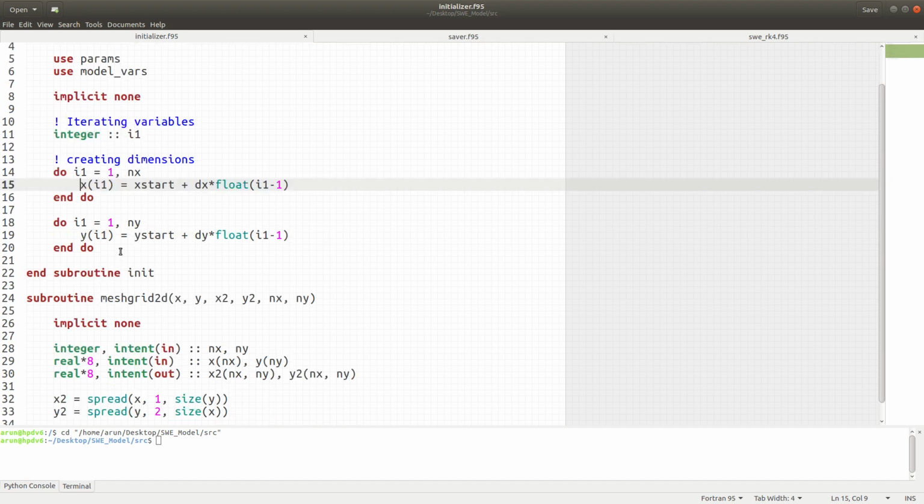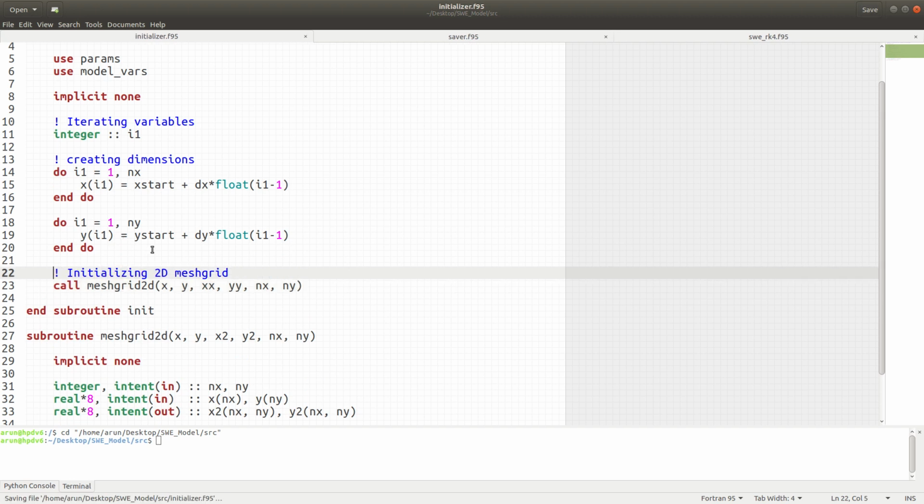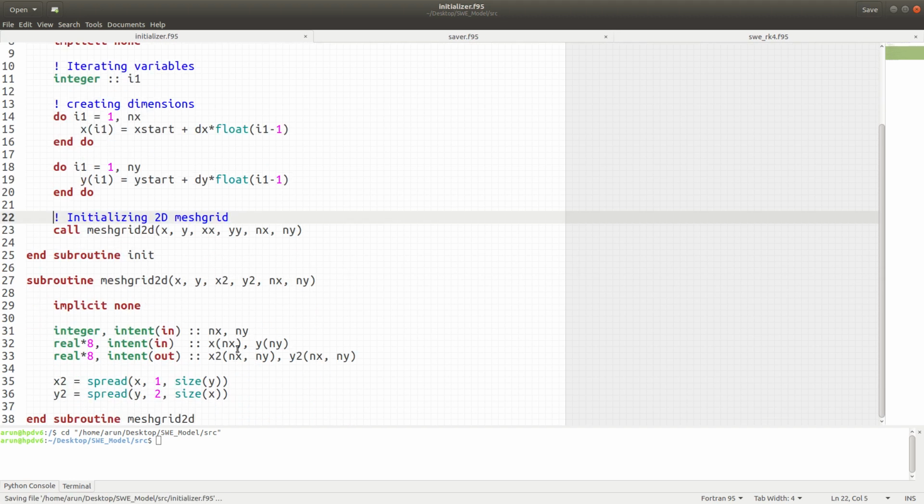Now once this is done, let's call in the initializer program, the mesh grid subroutine, and this is going to call this subroutine at the bottom, and it's going to generate the mesh coordinates xx and yy. With that, this part is done.